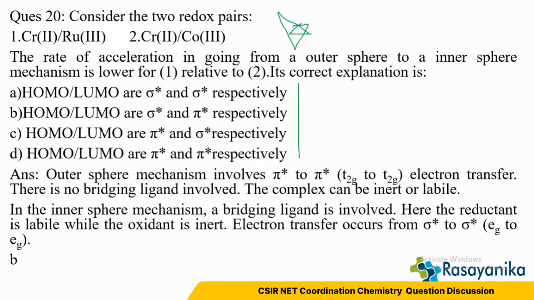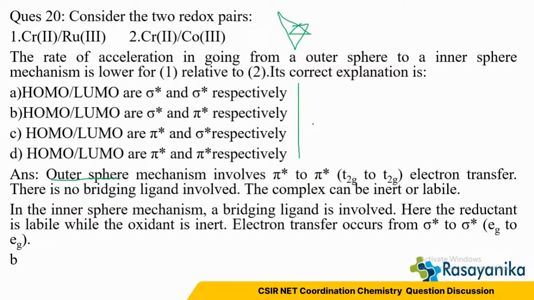So these are some of the reasons that are given: HOMO, LUMO, sigma star or pi star, pi star and sigma star. So you have to see how it is happening. The outer sphere mechanism involves pi star to pi star transition, that is from T2g to T2g.